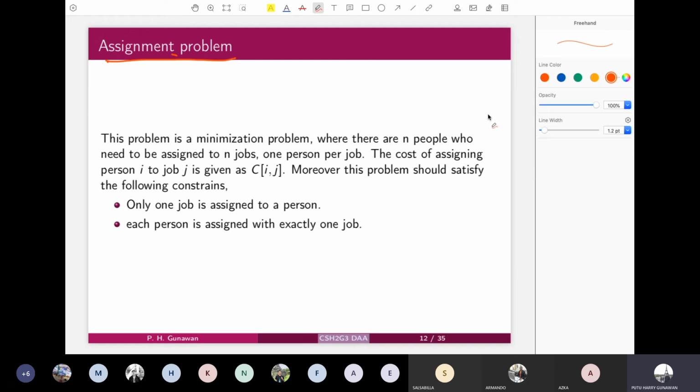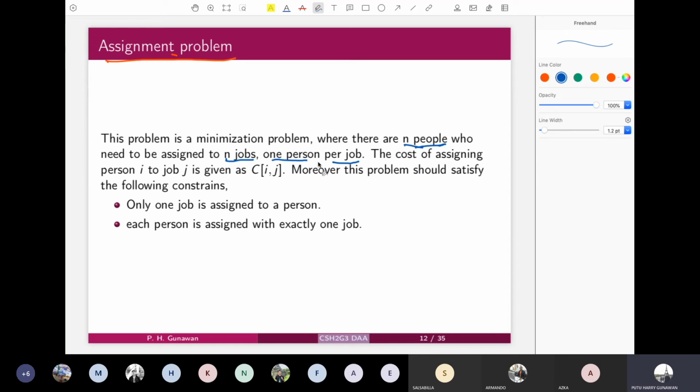So what is the assignment problem? This is a minimization problem similar to the previous one. You have n people who need to be assigned to n jobs, one person per job.